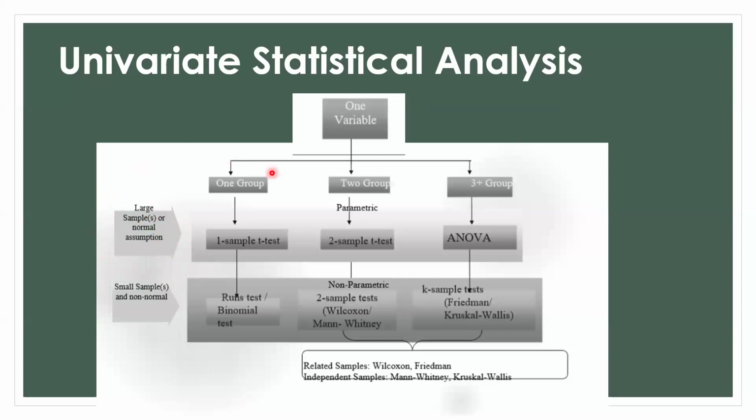So if it is one group with one variable, we go for a one sample t-test. And if there is a smaller sample size, these are the techniques: run tests and binomial tests. When there are two groups, right? That's the parametric and non-parametric distinction. When there are two groups within one variable, we can use a two sample t-test.